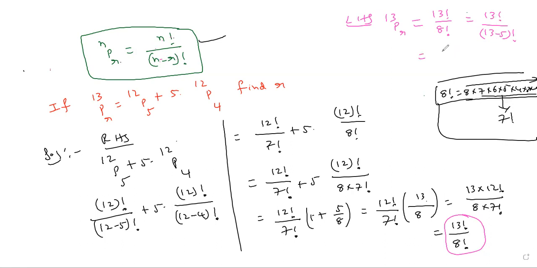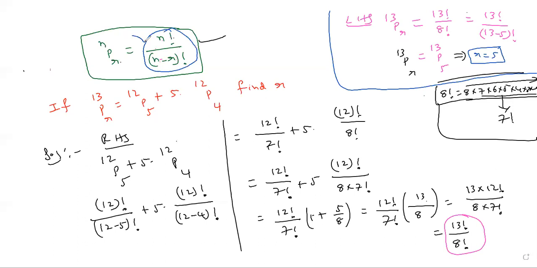Similarly, 13 factorial by 13 minus 5 factorial is 13P5. So 13PR is equal to 13P5, so r is equal to 5. Got it? Very simple and easy question.